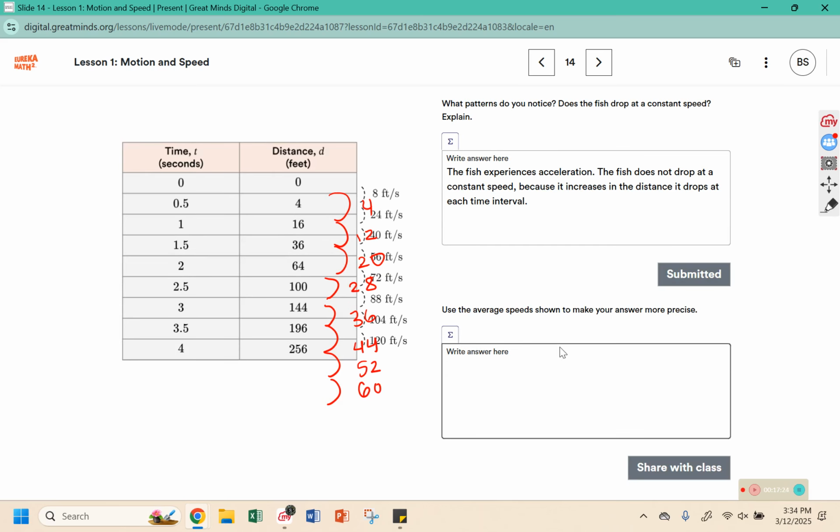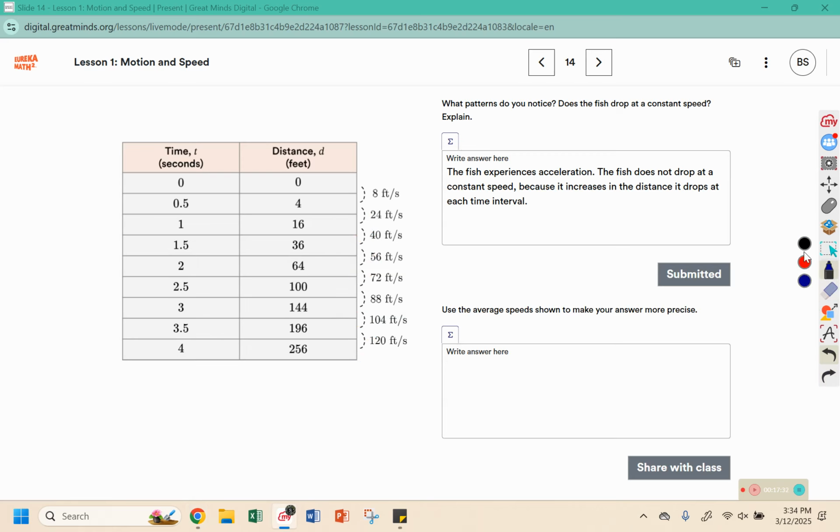Use the average speeds shown to make your answer more precise. So we see that it was 8 feet per second, 24 feet per second, 40 feet per second. So it's increasing as it goes up.